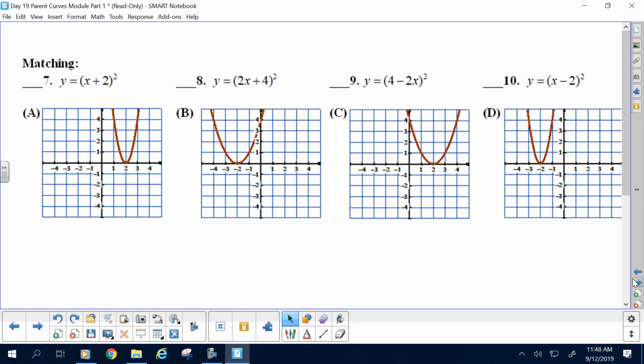Let's do one matching just for fun. Number 7. Which of those graphs, A, B, C, or D, matches it? What's the change going on?